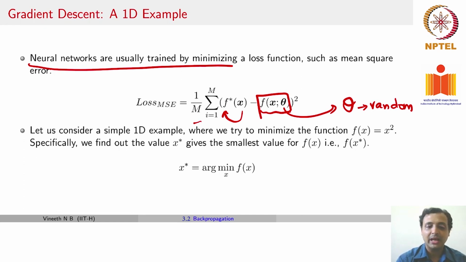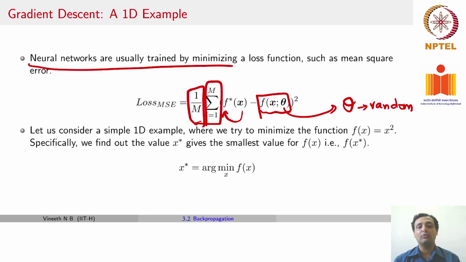And you sum this error up over all of your input data points. M is the total number of data points, and you average the error across all of your data points. This is typically known as the mean squared error. It's the mean of the squared errors for all your training data samples.